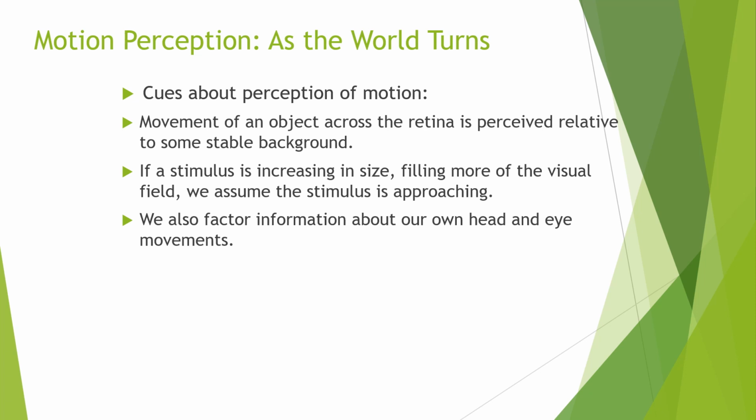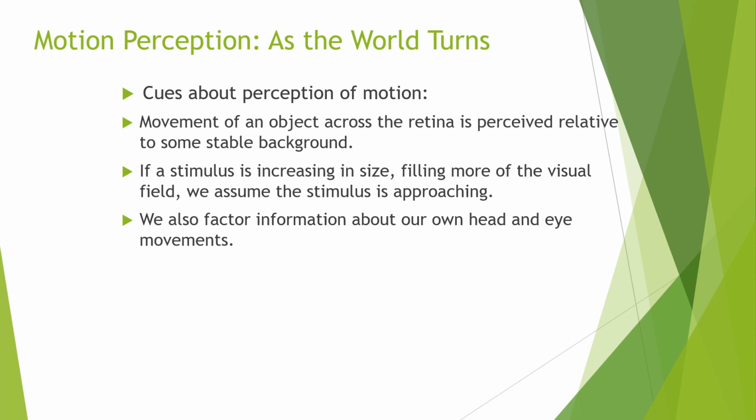Second, if a stimulus is increasing in size, filling more of the visual field, we assume that stimulus is approaching us. If you look at someone who is across the street and down the block, they seem smaller. But the closer they get to us, the more of our perceptual field they fill, and then we see them as approaching us.